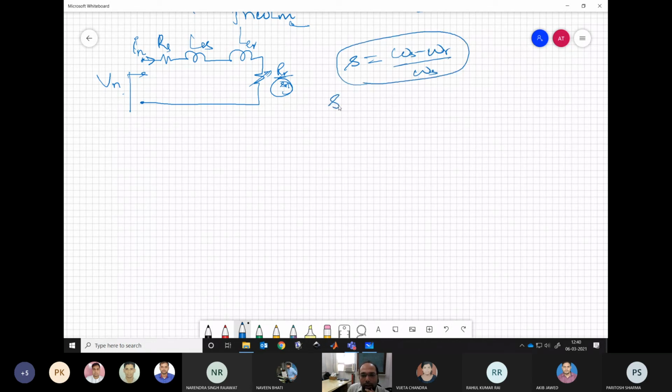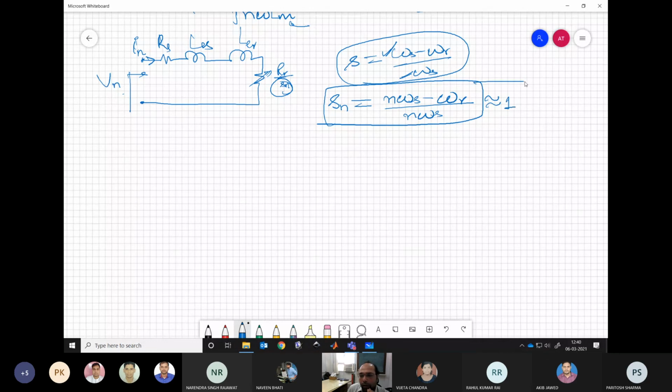For the nth harmonic, we will have the synchronous frequency multiplied by n, whereas the rotor is at the same speed omega r.